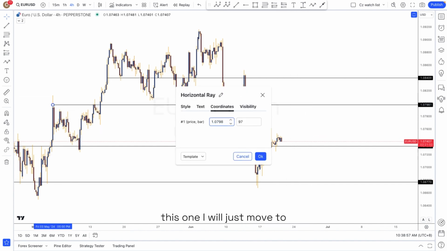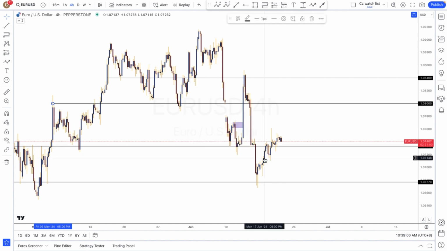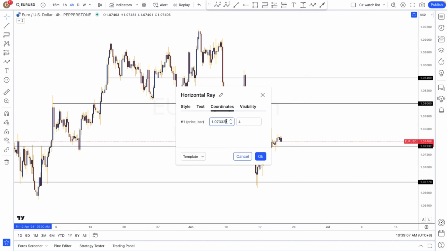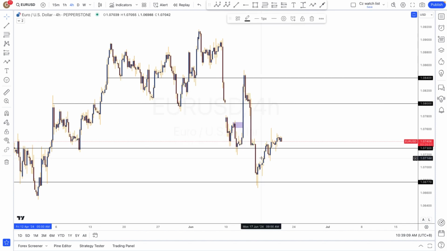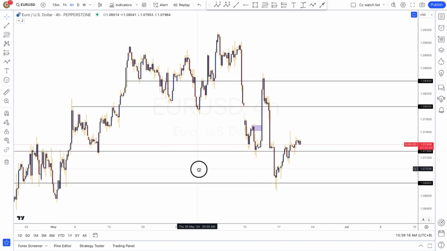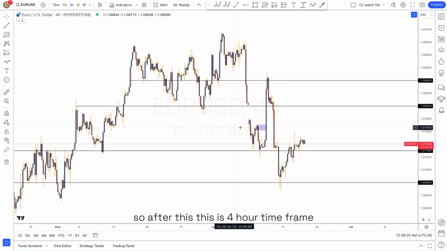This one I will just move to the psychological number. This one 03, and this one will be, let's say, this. So after this is the 4-hour time frame.